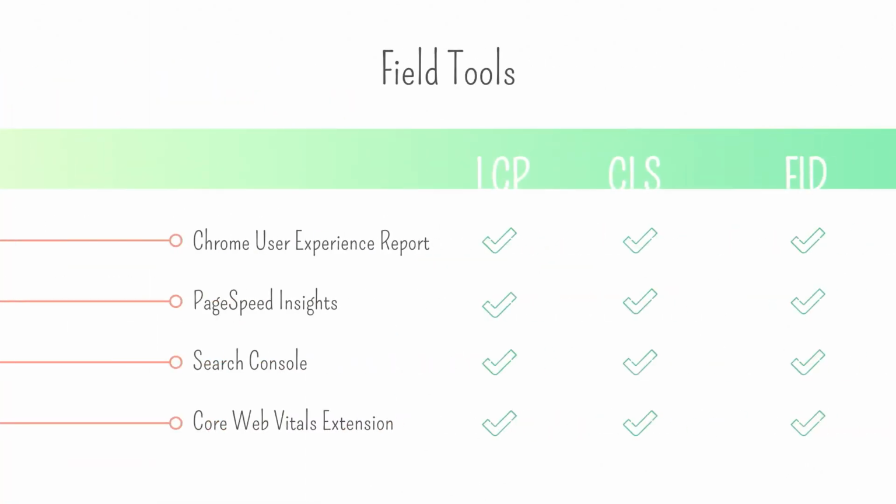So there are a lot of tools to calculate field data. This is just a summary of some tools: Chrome User Experience Report, PageSpeed Insights, Search Console, and the Core Web Vitals extension. All these tools measure the LCP, CLS, and FID. Okay, there is another tool, and during the talk of Rodislav, you can see it in the dependency. It's the web-vitals JS library.